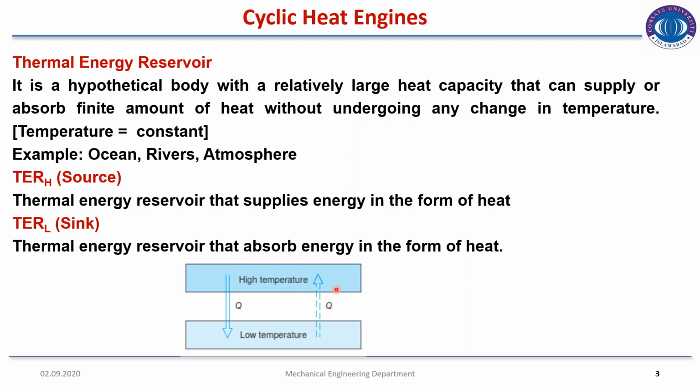The processes that are not possible are represented by dotted lines. Heat can never flow from low temperature to higher temperature. That is why that is an impossible process, represented by a dotted arrow. So heat will always flow from source to sink.